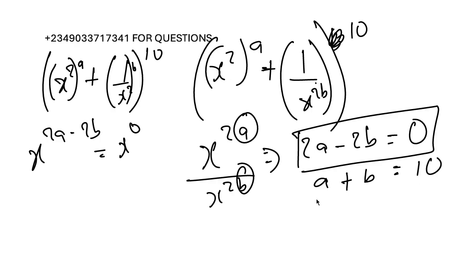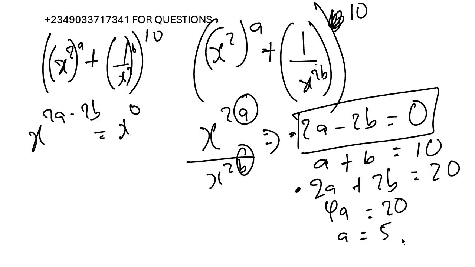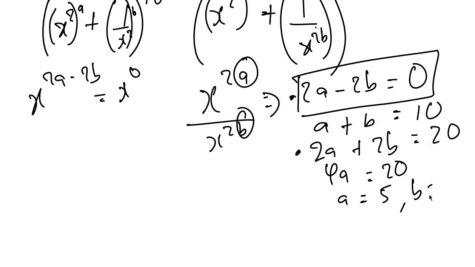So if you now want to solve this simultaneous equation, you have 2a plus 2b equal to what? 20, because I'm multiplying through by 2. Then add equation 1 and 2. Minus 2b plus 2b will cancel, and you have 4a equal to 20. That means a is 5. And if a is 5, that means b is 5. The value of b gives you the value of what? k.